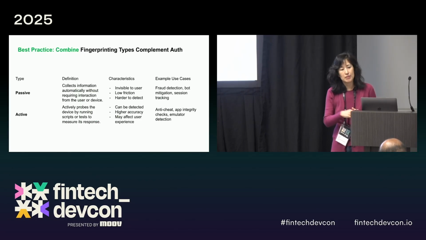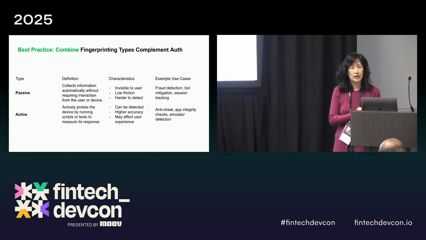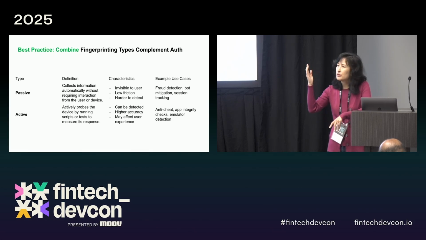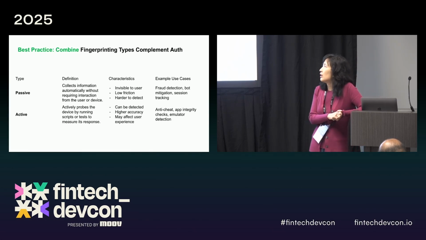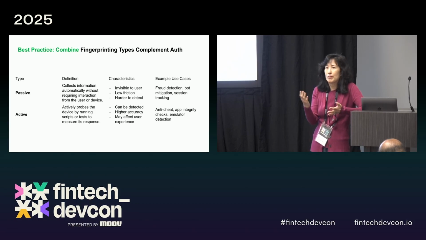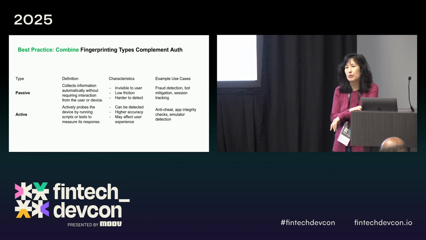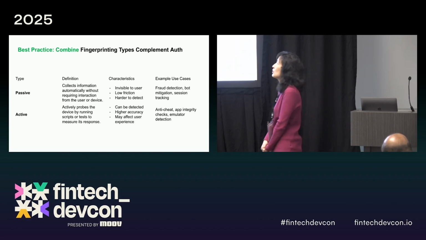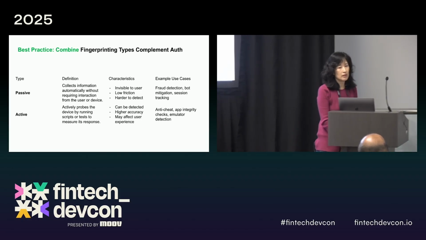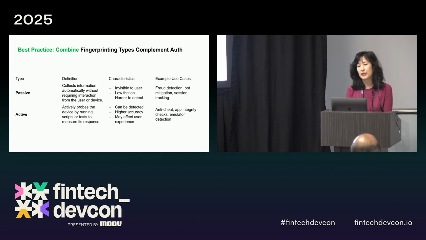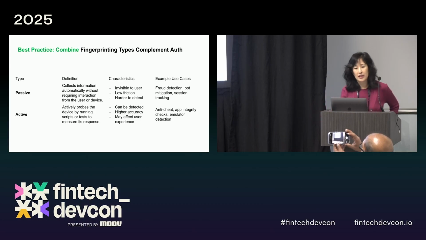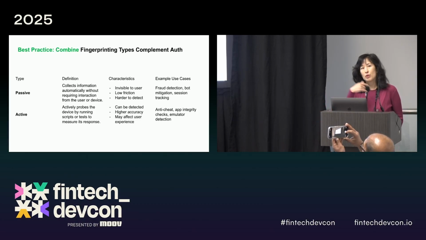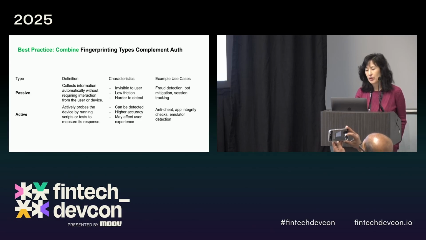And as a backdrop, how many of you have talked about or are working on passive and active fingerprinting solutions? Okay, so you guys are aware. So I'll just go over this at a very high level. These are the different types of fingerprinting that complement authentication. Passive is where you're collecting information without requiring some interaction from the user.